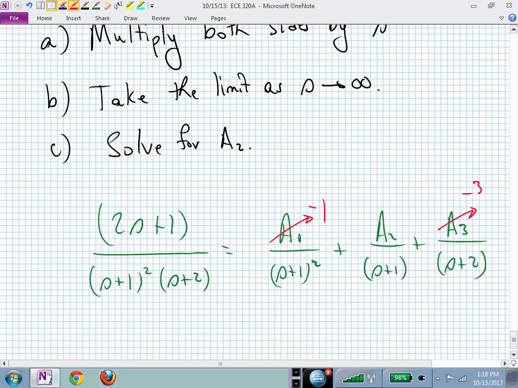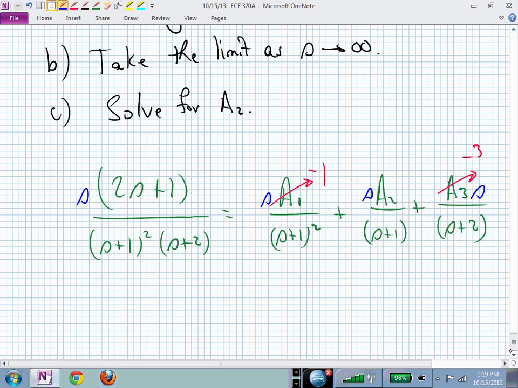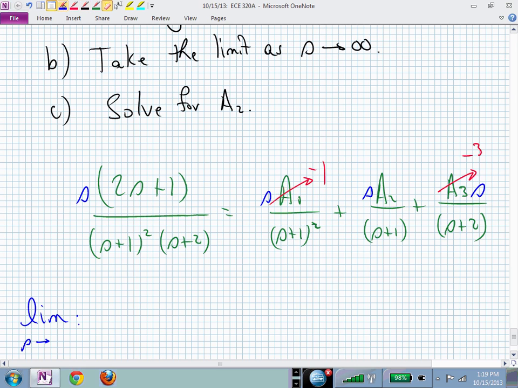Now we want to multiply both sides, so we're still trying to do step A. We want to multiply every term by s. So I'm going to put an s there, an s there, an s there, and an s there. That's okay. Now I want to see what happens on both sides of the equation when I let s march off to infinity.